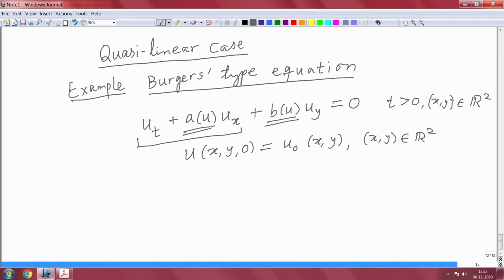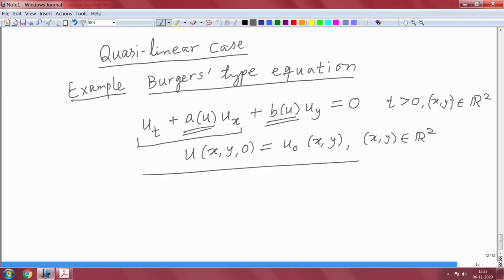So, given this, in principle we try to find a solution for all t positive, and let us see, just like the Burgers equation in 1D, whether this solution develops singularities or not. Okay.